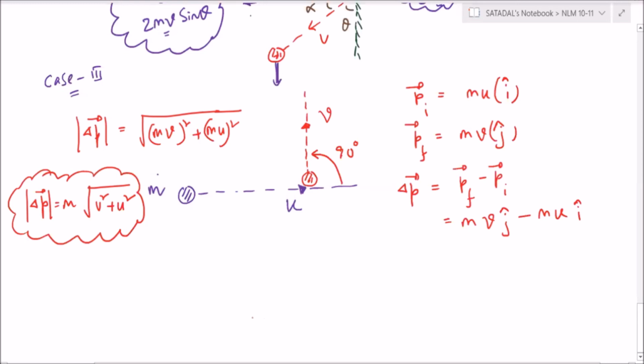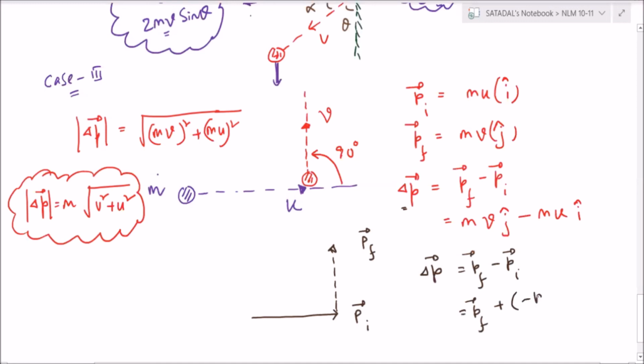So, this is the pi vector. This is pf vector, right? Delta p, what you have written? Delta p is equal to pf vector minus pi vector. Everyone sees a wonderful question. Can I write this as pf vector plus of minus pi vector? I can write this. So this is minus pi vector.